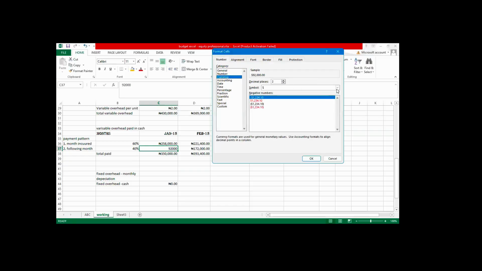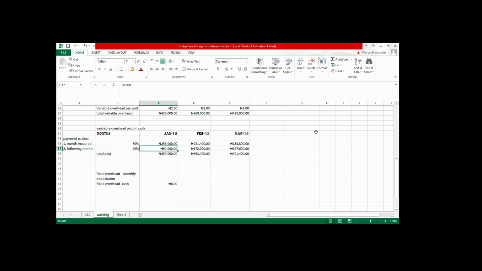That is the actual amount paid in cash. In the month of January, the cash payments for variable overhead, 350,000. In the month of February, the cash payment is 393,400.